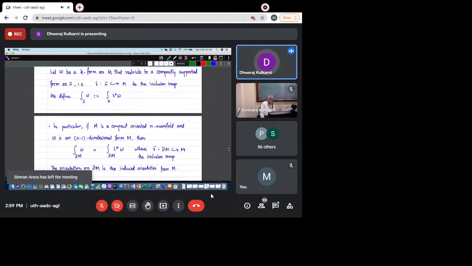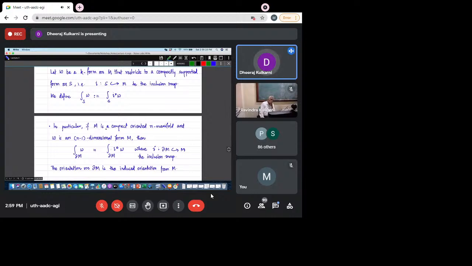So, if M is a compact oriented n-manifold and omega is an n-1 form on M, then we can define its integral on the boundary. The definition is given by: first you pull back the n-1 form onto the boundary and integrate it.